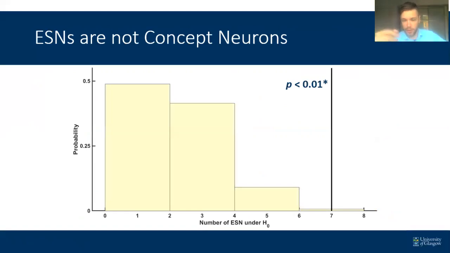And when we do this, it's a very conservative approach, of course, because not many episode-specific neurons fire in response to multiple trials. But we still find a significant number of these episode-specific neurons under this new criterion. So our results cannot be explained by just concept neurons being tuned to the associate image.